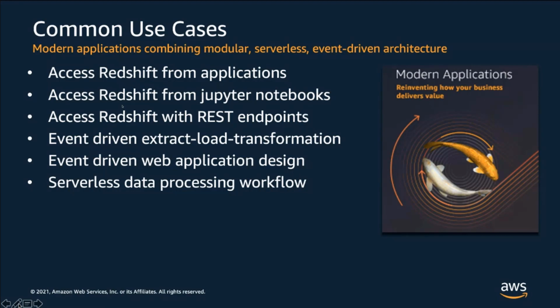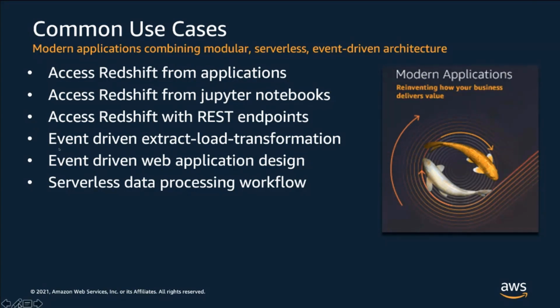The second one is more popular with our data science community on how to access Redshift data from their Jupyter notebooks, especially Amazon SageMaker notebooks.